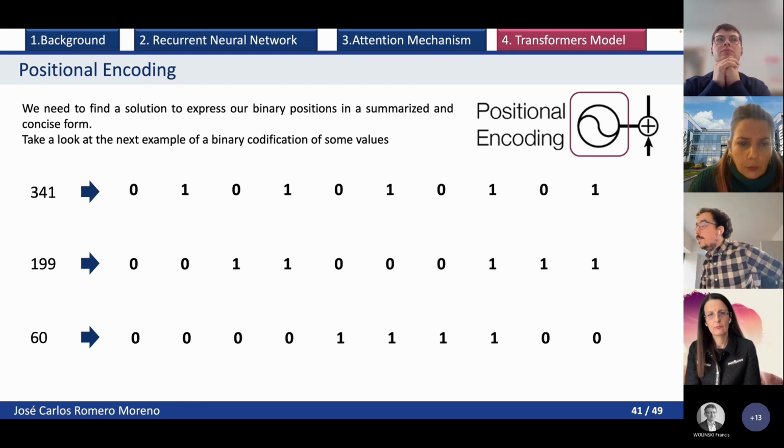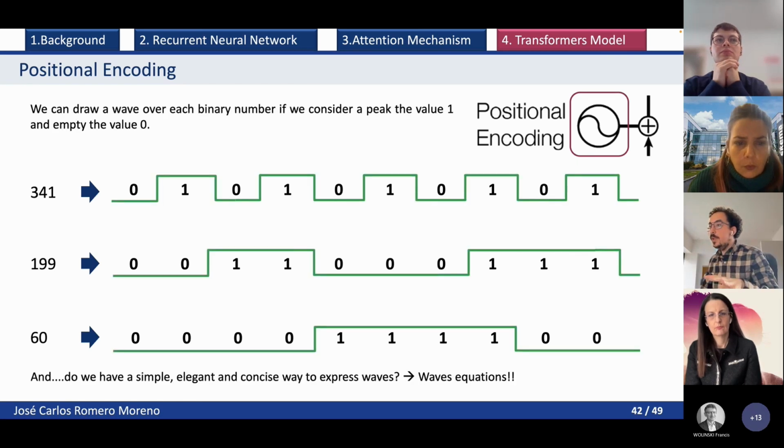So basically, the idea is that we can express these numbers as a wave, with the lower value of the weight at the zeros and the high value, like a clock: 0, 1, 0, 1.